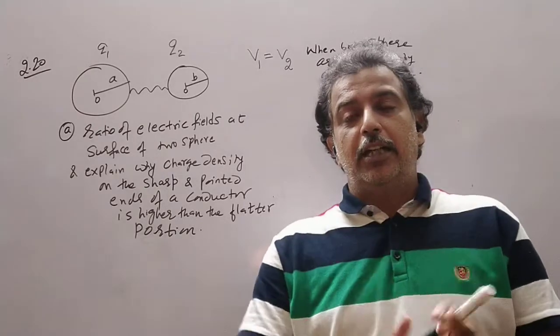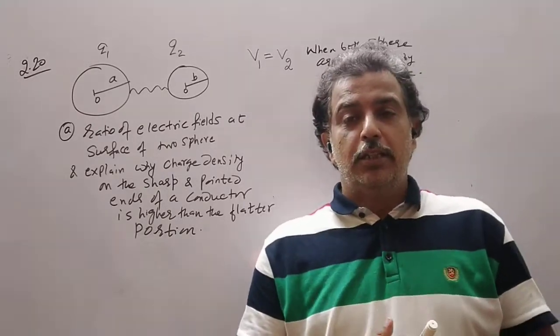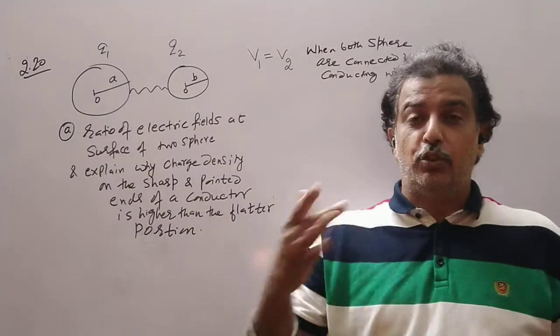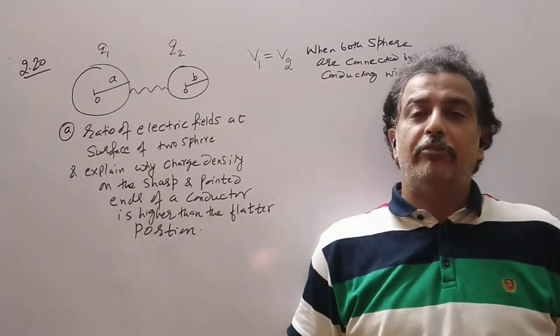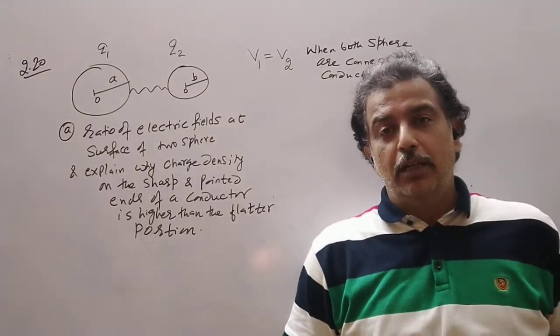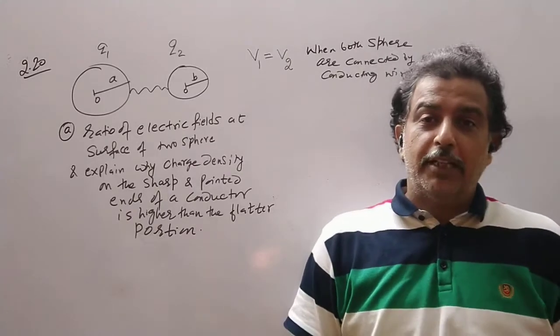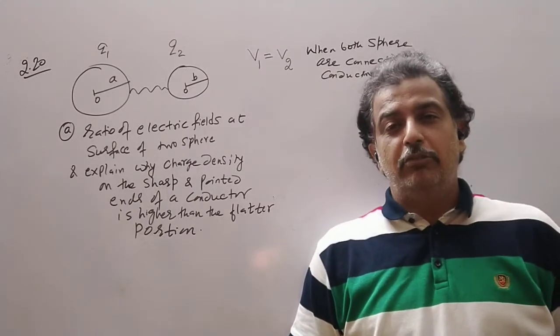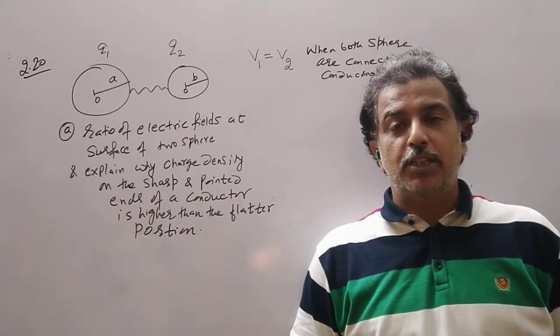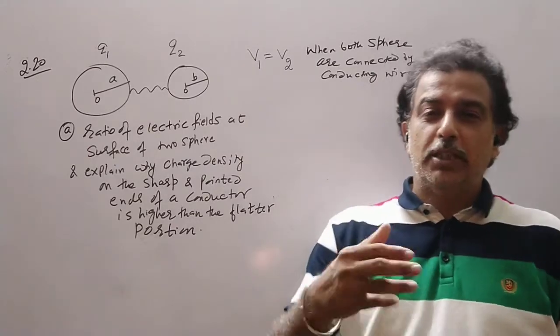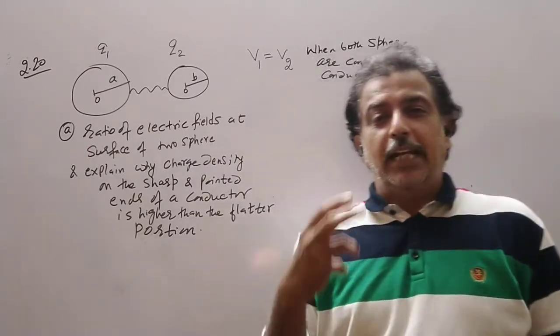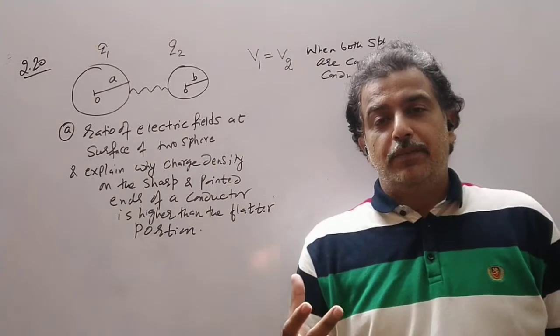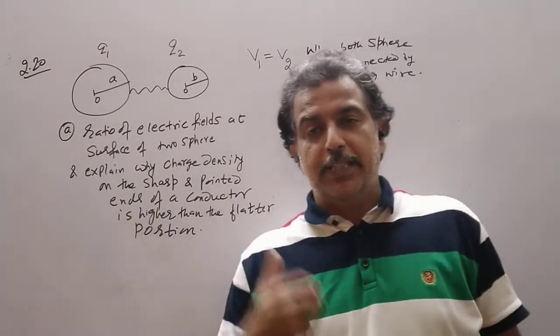One conductor having a very large dimension can behave like a capacitor, assuming the other conductor is at infinite distance. For example, Earth can also behave like a capacitor, but its capacitance is very low. So we will come to this concept that an individual sphere can also behave like a capacitor.